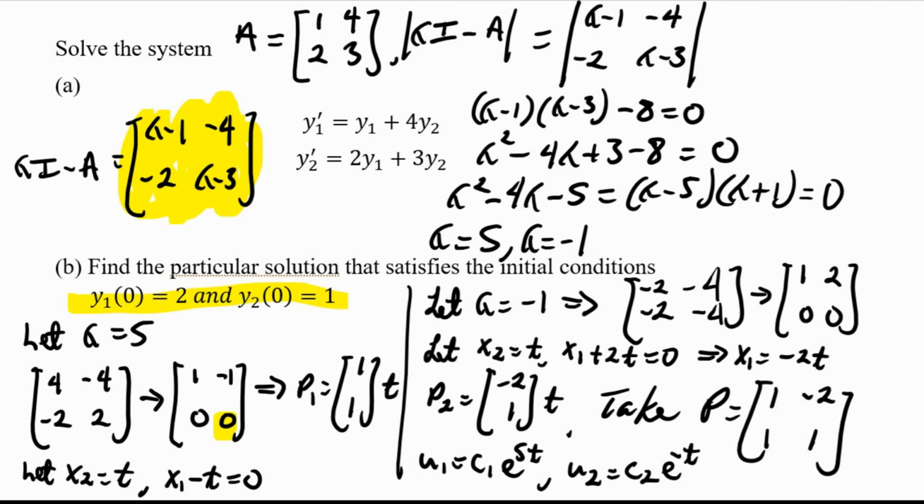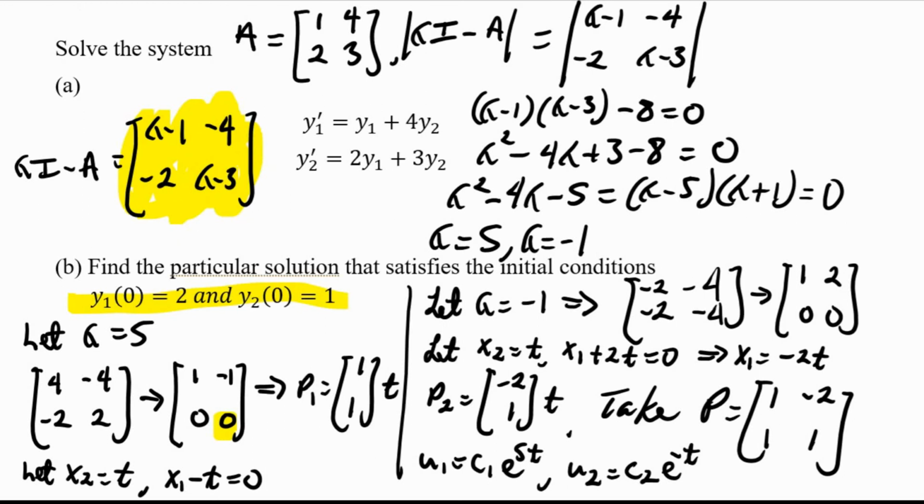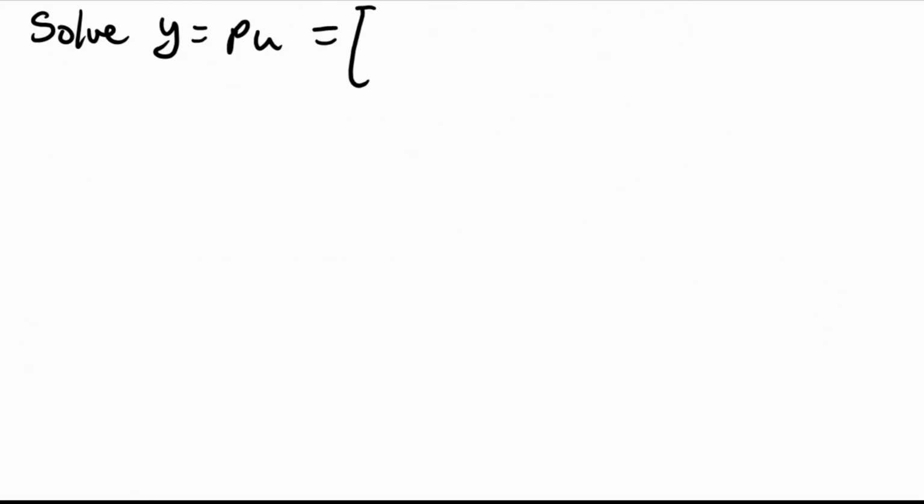So then we put them together and solve y equal to P times u, and so P, we got that to be 1, 1, negative 2, 1, and then times u, c sub 1 times e to the 5t, c sub 2 times e to the negative t.